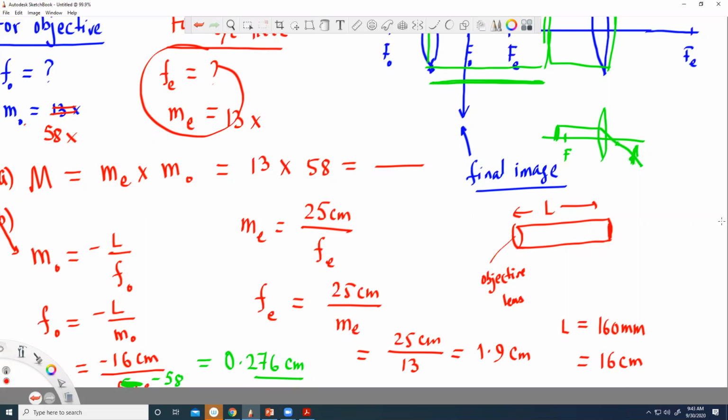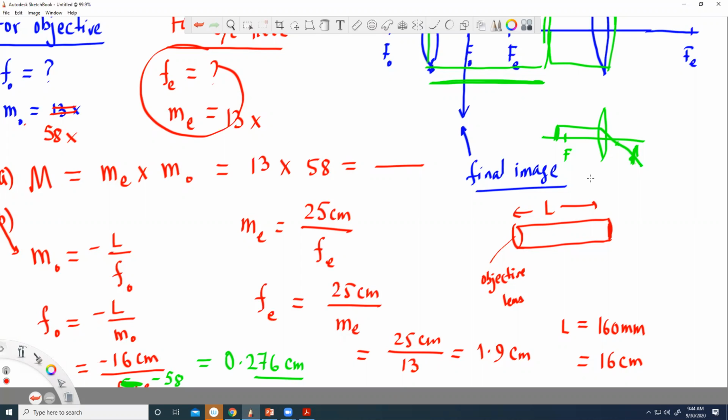Now for part C, let's look at part C. Any questions for parts A and B? It's pretty straightforward. The first one is just finding the total magnification, which is the multiplication of the two magnifications. For the second part, you just use the formula for the individual magnifications. This is the formula, and the 25 is just a constant number.